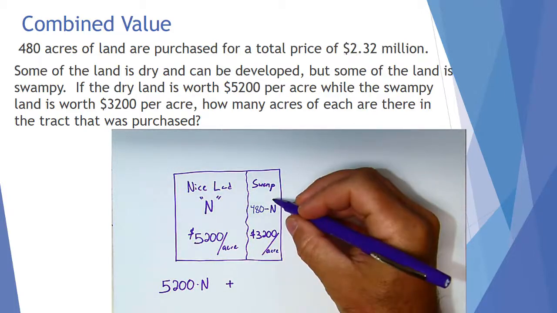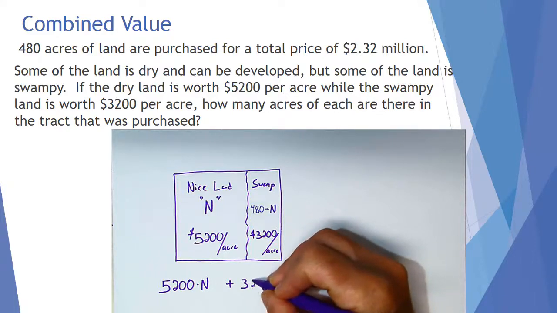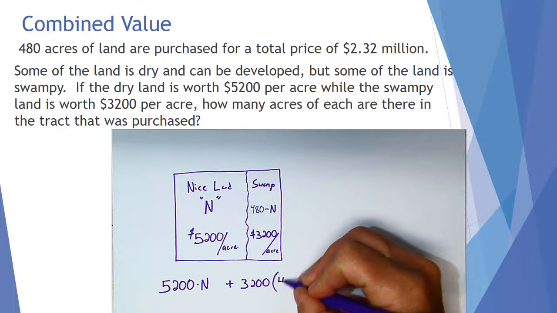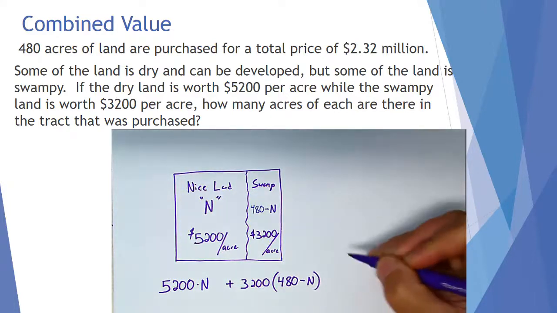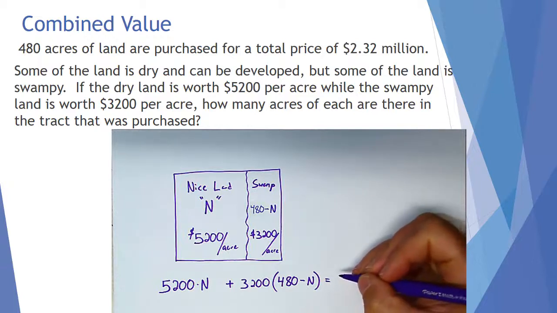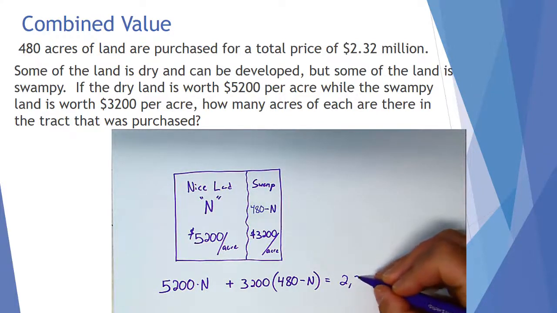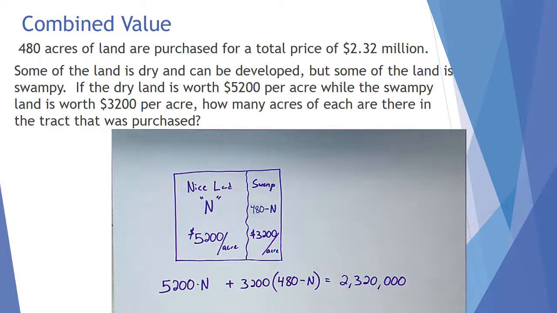Now the swampland has value too, but the price is only 3,200 per acre, and the number of acres is everything that's not nice. That is to say 480 minus the number of nice acres. And we know that that total is 2.32 million, or in other words, $2,320,000.